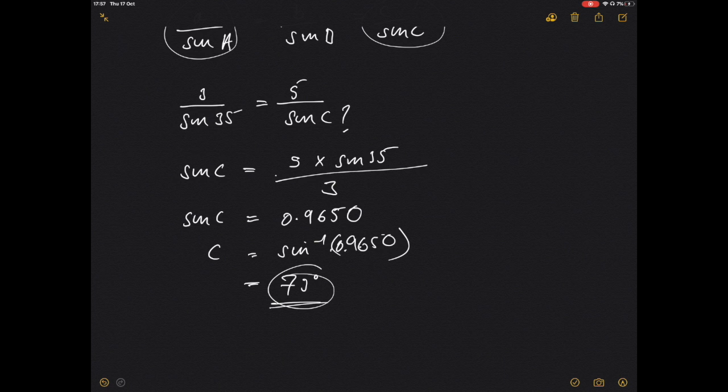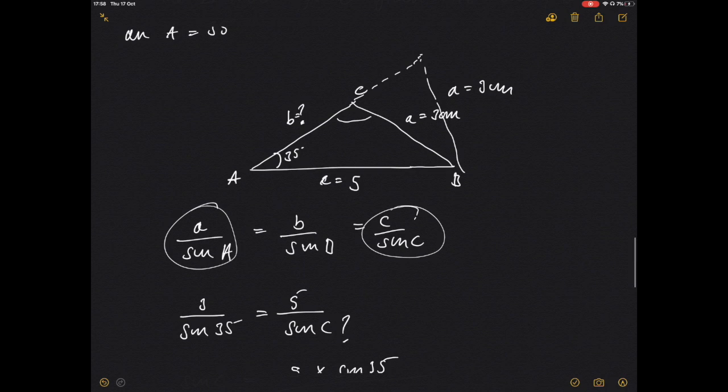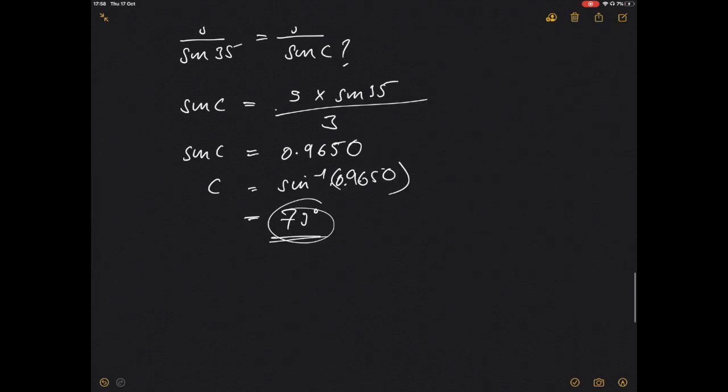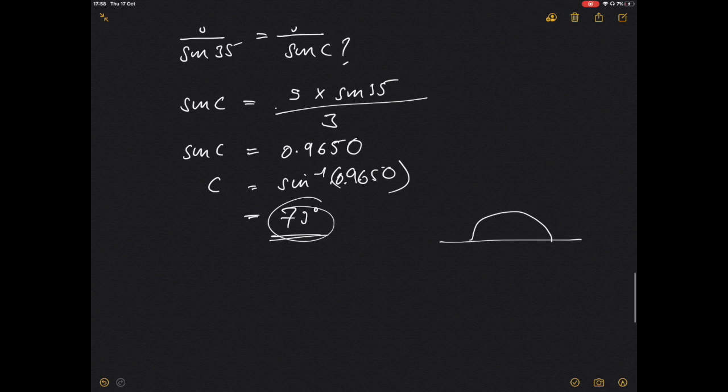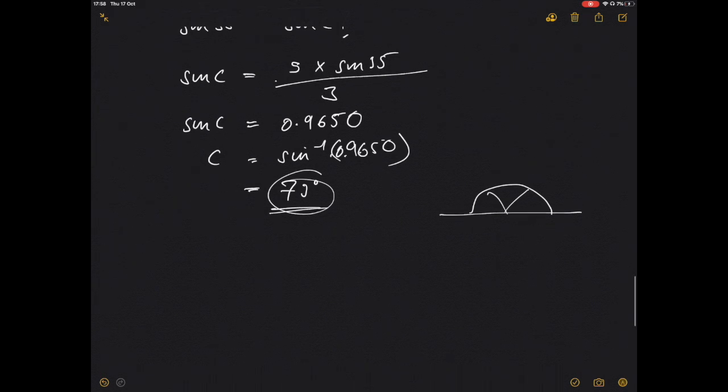We could check that there is a potential second answer by just checking our angles. So we've got one is 73. As I told you, all angles in a triangle have to add up to 180. But in this case, because we don't have a right angle, this means that we can occupy this whole 180 segment.